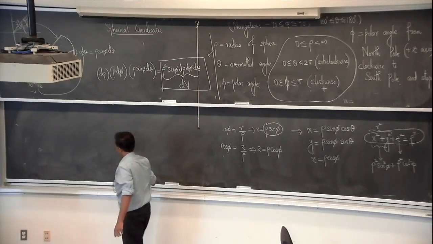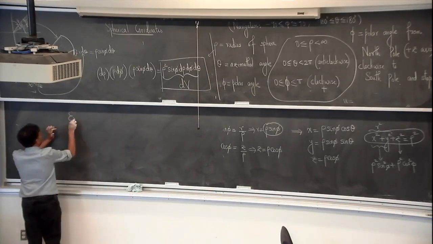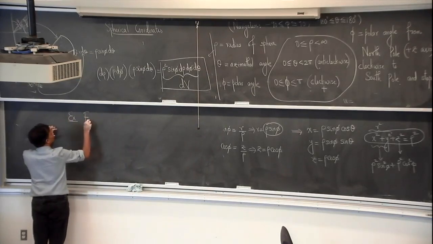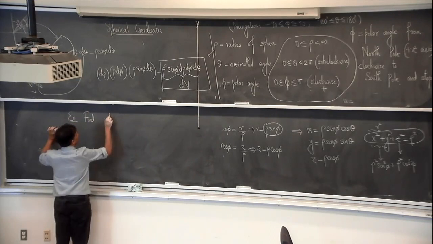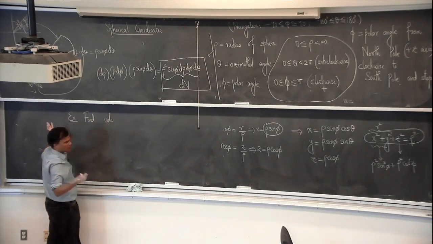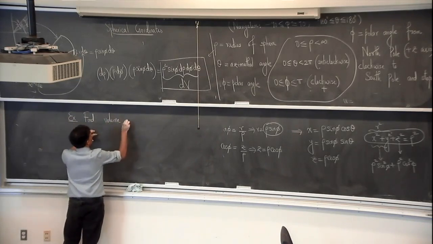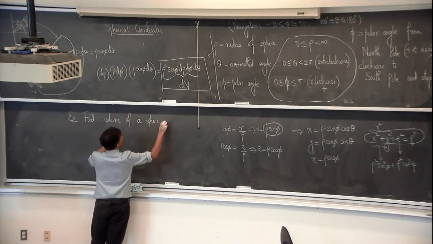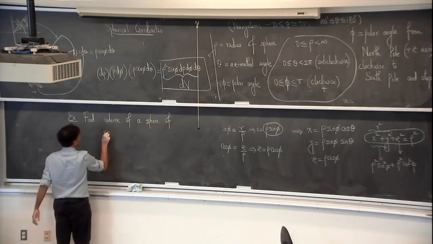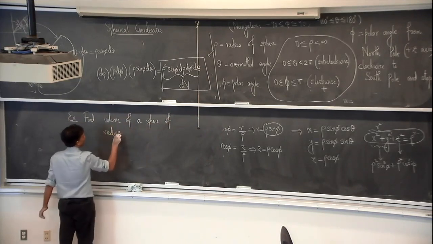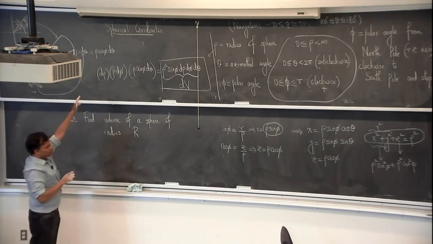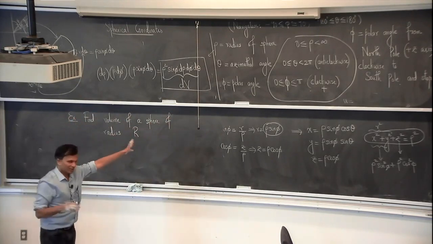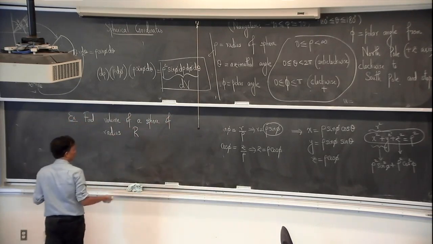So find the volume of a sphere. It's centered at the origin, just for convenience reasons. Sphere of radius r. Keep all these things right next to you when you do spherical coordinates. You need all that information because I don't want to keep on rewriting all these things.